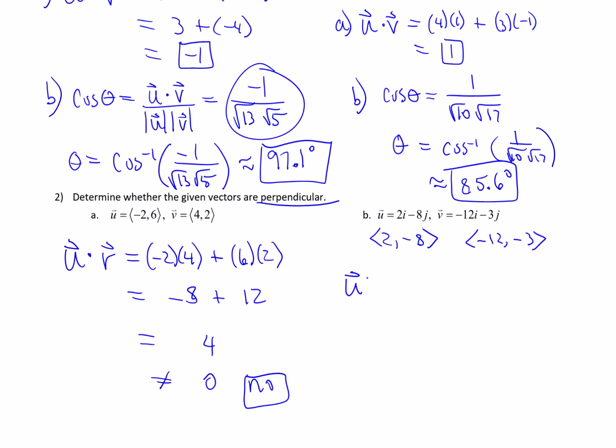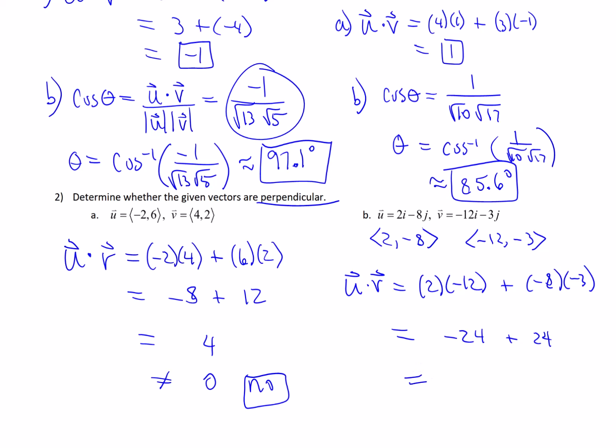And so now let's do the dot product on these. u dot v would be the product of their horizontal components, that would be 2 times negative 12, plus the product of the vertical components, that would be a negative 8 times a negative 3. If we simplify these, we'll have negative 24 plus 24.